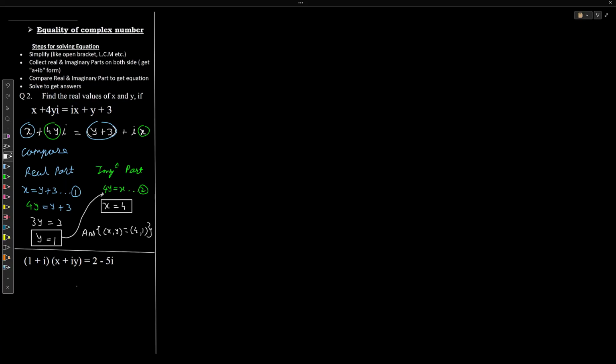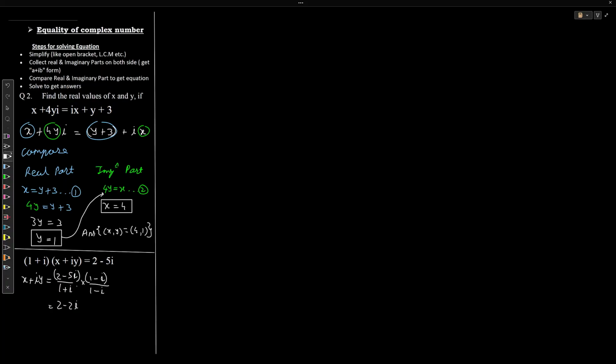We can do another thing. Yes, make x plus iy the subject. So we will get 2 minus 5i upon 1 plus i. Okay? And for simplification, let's multiply and divide by the conjugate of the denominator, which is 1 minus i. Now, in the numerator, multiply 2 minus 5i with 1 minus i. Multiply 2, we'll get 2 minus 2i.